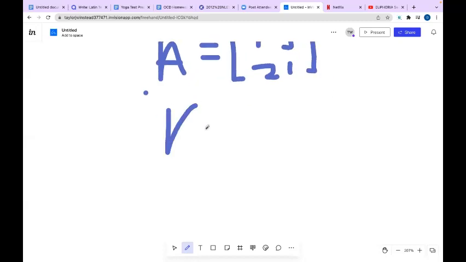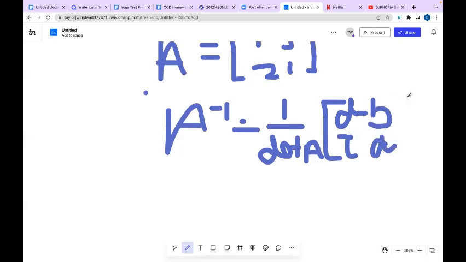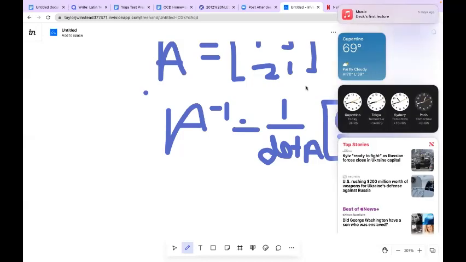So the inverse of A, of course, is going to be equal to 1 over the determinant times the matrix D, negative B, negative C, A. And of course, I'm not going to go through all of the steps of basic multiplication here.